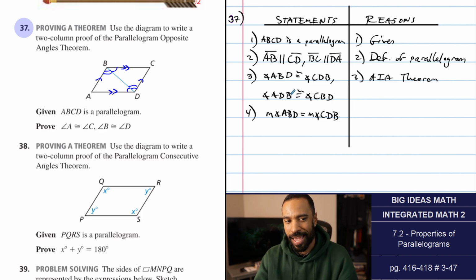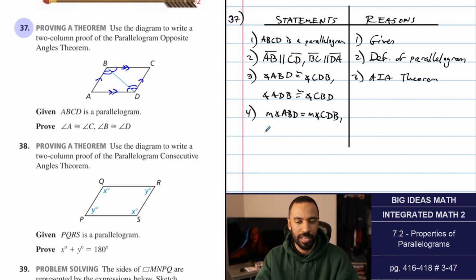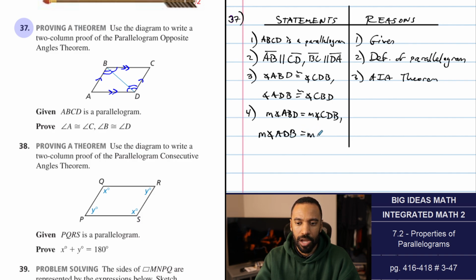I'd rather draw the diagonal AC for it on its own, or only use one proof and then say therefore it should work for the other, because it should. So I don't know why they're making us do this, but we will. Measure of angle ADB is equal to measure of angle CBD. Or maybe I'm missing something in my writing that I don't necessarily need to know.